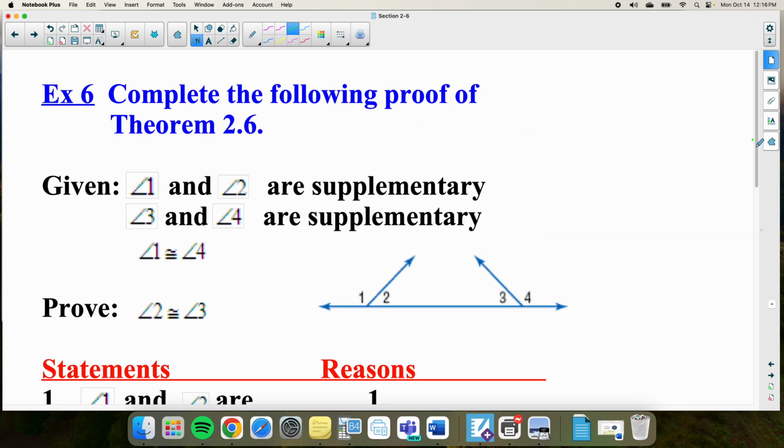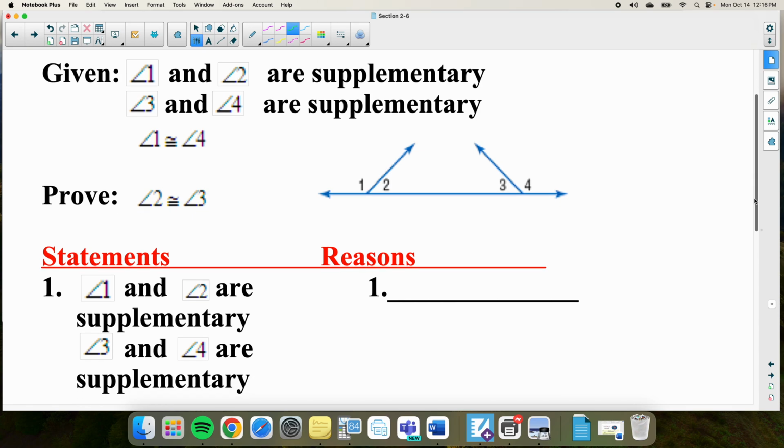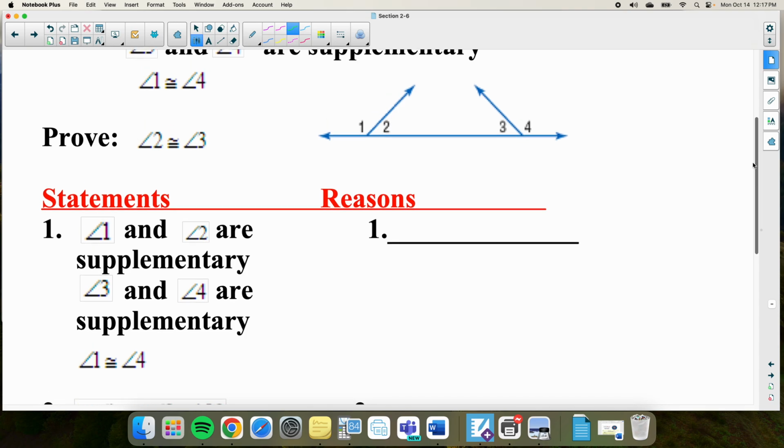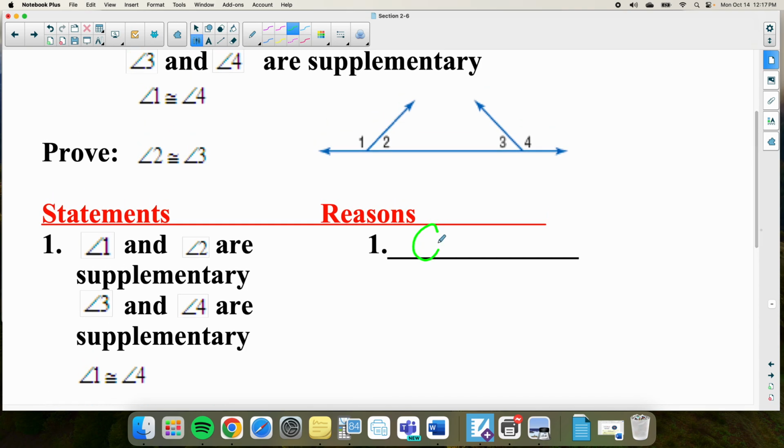Okay. Now this is another one where we are proving one of the theorems we just went over. And this particular one has 3 givens, and they have them all again under step 1. So for step 1 here, we're just going to write given again. Okay.